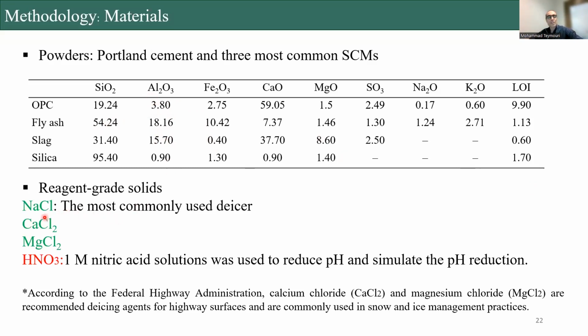And one more thing, maybe somebody will ask why we are using calcium chloride and magnesium chloride. There are 2 reasons. First of all, both of them are recommended by the Federal Highway Administration to be used as deicers during the winter. And also it's pretty important for the states at very low temperatures. NaCl doesn't work alone.